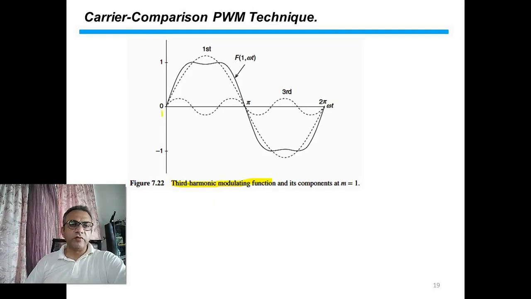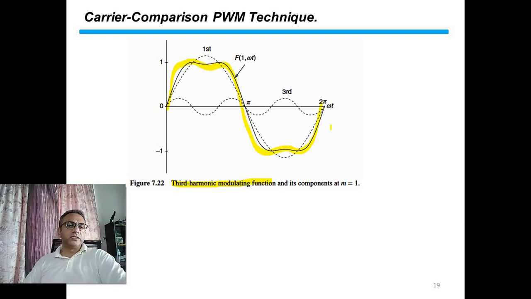Instead of a regular sine wave, we use a third harmonic injected modulating function. This is the waveform of the third harmonic injected modulating signal, and it is obtained by adding the first harmonic with the third harmonic.